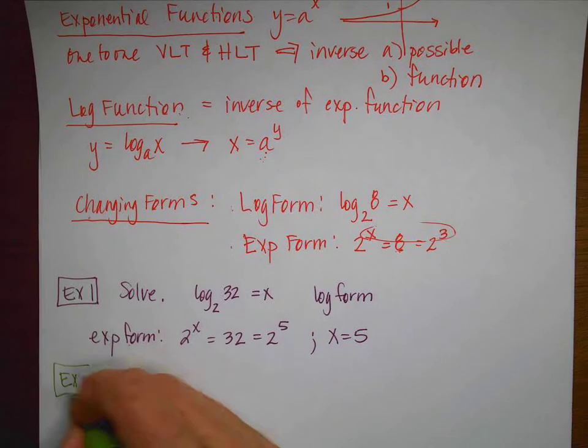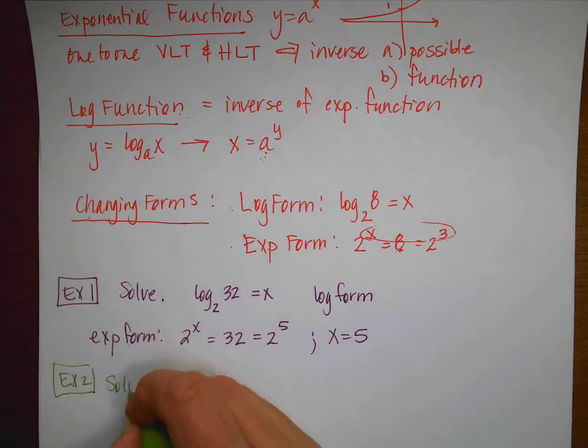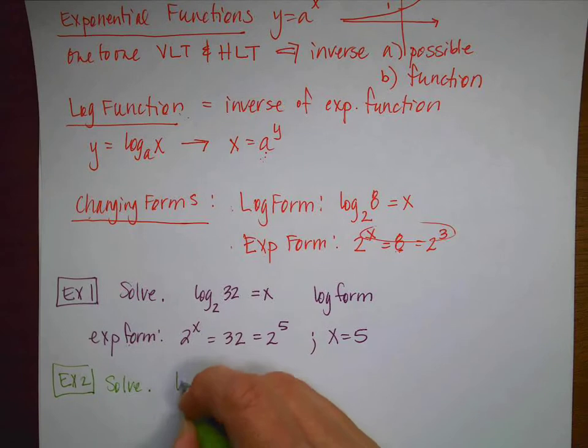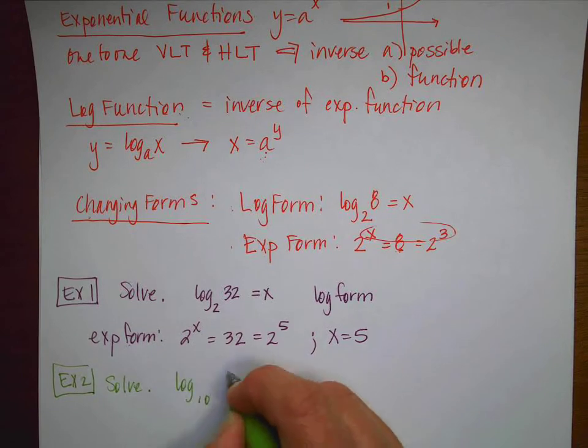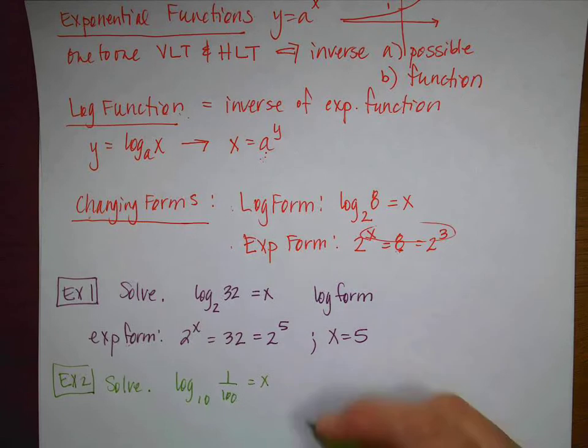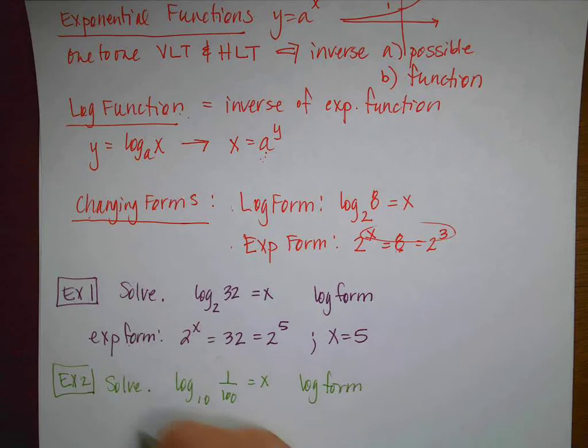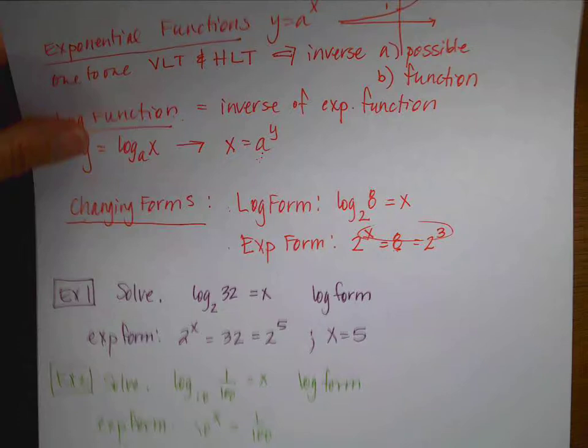The second example, example number 2, same direction, solve, and I have the log base 10 of 1 over 100 is equal to x. This is log form. To be able to solve, I'm going to go back to exponent form. So I'm going to get 10 to the x is equal to 1 over 100.